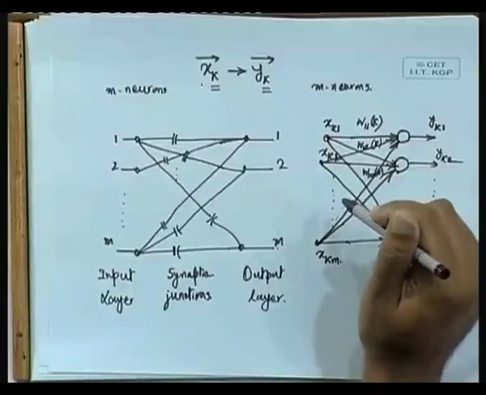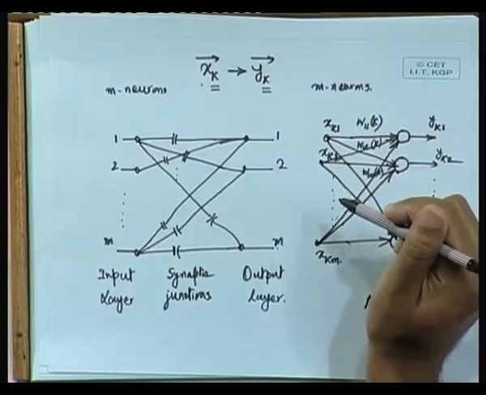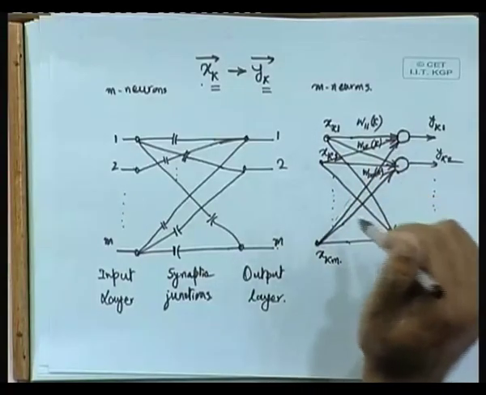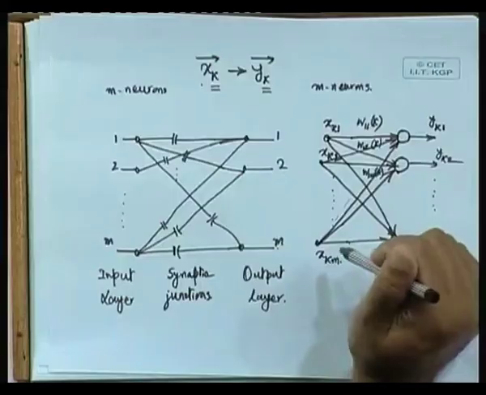Okay, for the time being we consider one pattern, or rather the kth pattern only, but in effect when we design the total combination of these weights, that time we have to consider the effects of all the patterns. So that means the final weights that we will have will be from the combined contributions of all the patterns, okay.